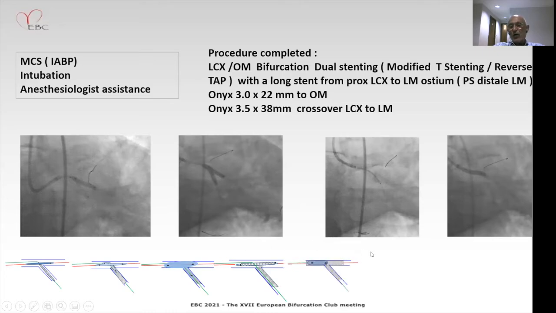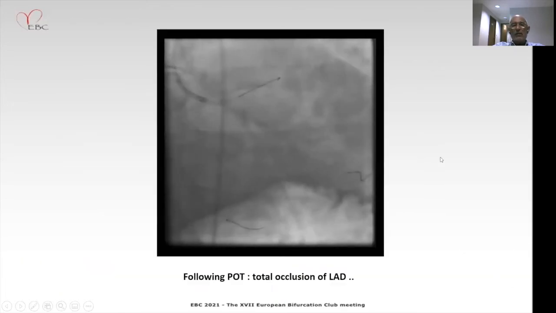Then we proceeded to optimize the procedure with POT in proximal circumflex and proximal left main, and then we recrossed to marginal and second kissing balloon inflation, and again proximal optimization on circumflex and on left main.